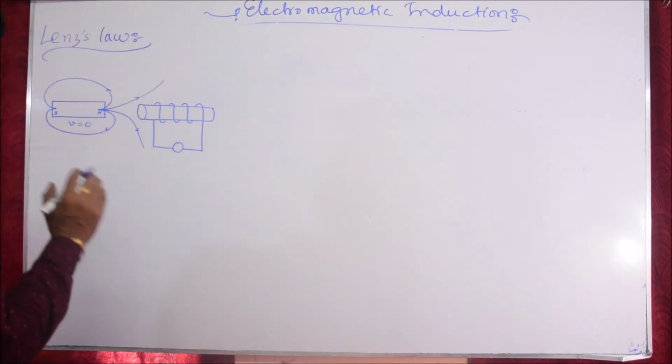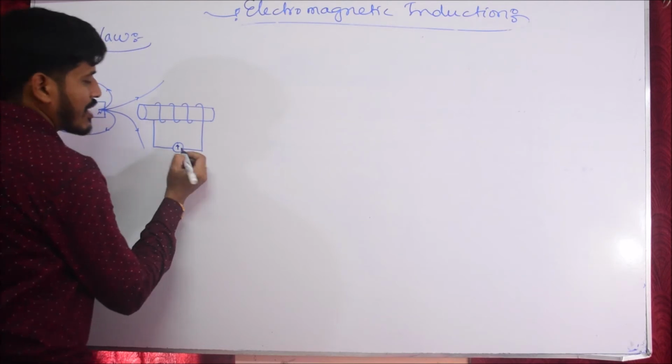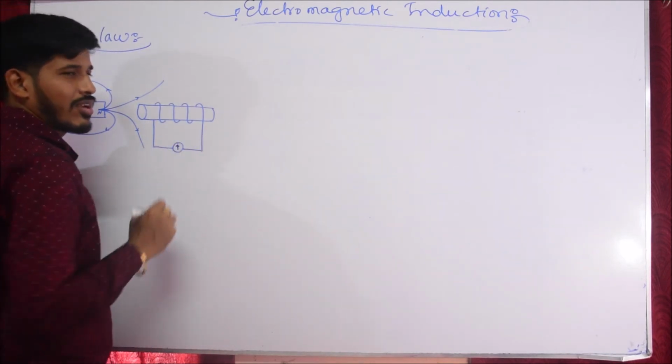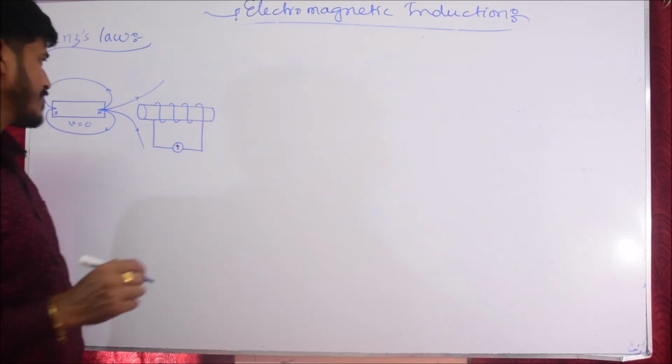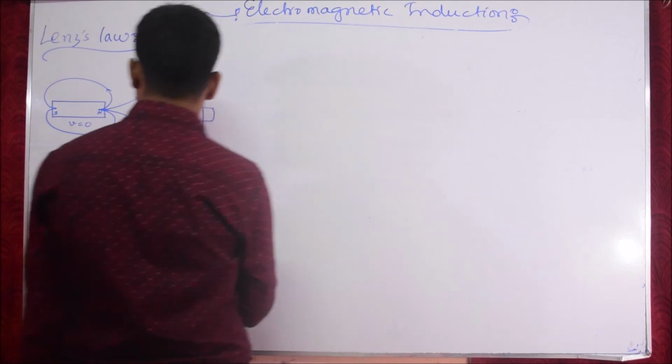As magnet is at rest, the galvanometer shows no deflection, current is 0, induced EMF is 0. Now you see case 2.